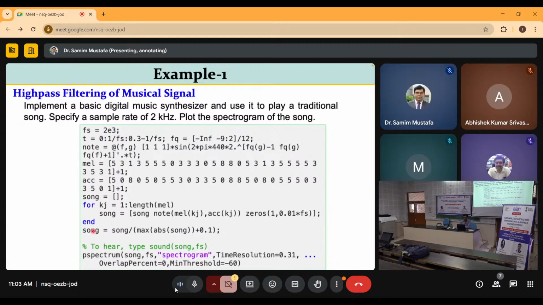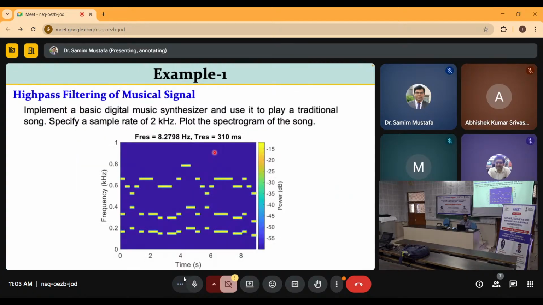If you want to hear the song, of course you can give this command, sound(song, fs). Okay. So you compile this and let me know whether you are getting the actual sound spectrum, which is this one. Once you achieve this, then let me know.